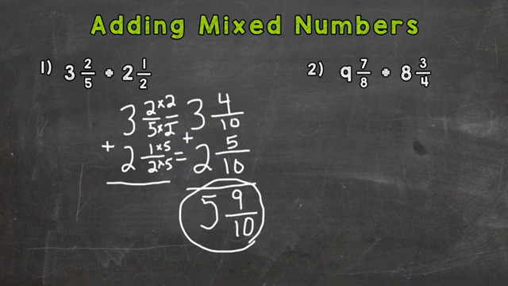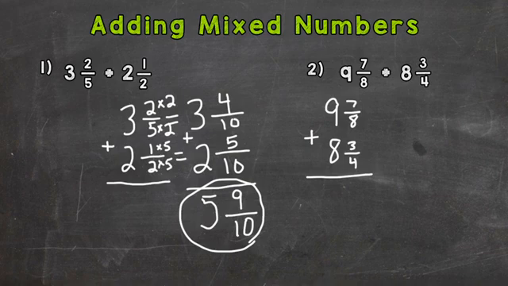We have 9 7/8 plus 8 3/4. So I'm going to line up my problem. 9 7/8 plus 8 3/4. So let's take a look at our fractional part. We do not have a common denominator, so we're going to need to rename with a common denominator.